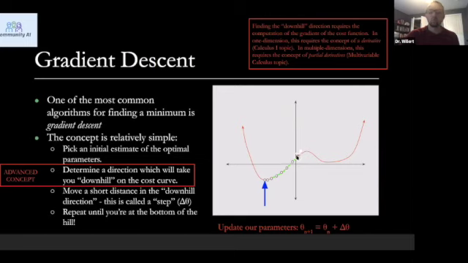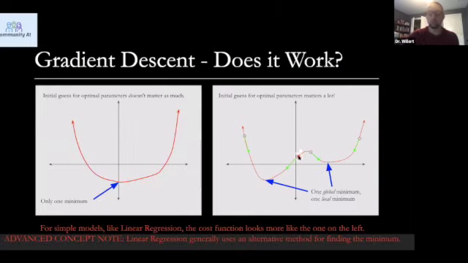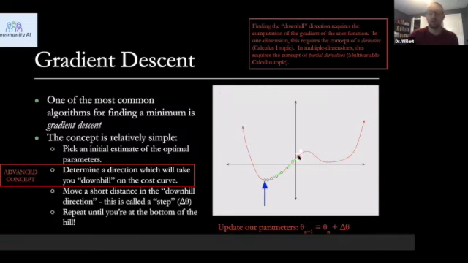So we'll begin at this point. This point is our first estimate of the optimal parameters for our model. And essentially, the gradient descent algorithm asks, which direction is downhill? So in this case, looking at this function, if we were to move the parameter to the right, it would go uphill.